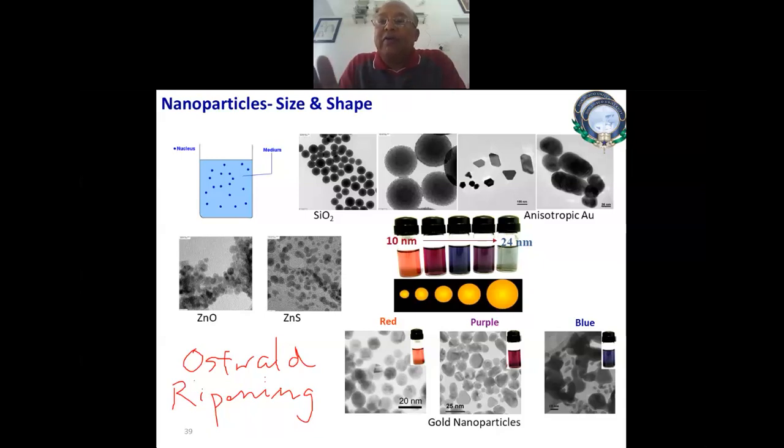That means if you make some particles in water, water will always remain as water, it is not going to change, but it will assist or hold those particles that you are making. Similarly, you can use alcohol, you can use many organic solvents. All right, so we will need a solvent when you are making the particles in the bottom up process.